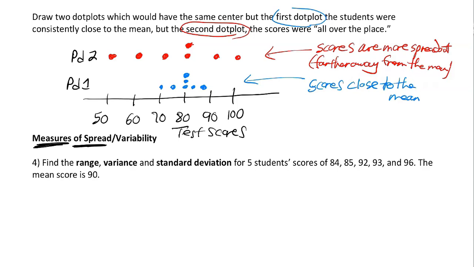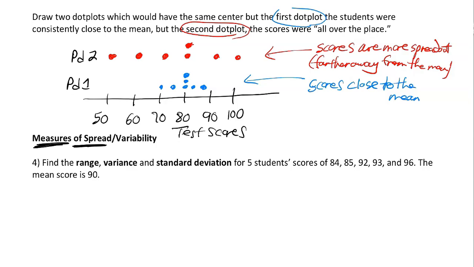But actually, in period 1, with an average of 80, a lot of people got really close to 80. Whereas in period 2, there was way more variability, even though the average is still 80. So we would like to be able to communicate that with a single number, a statistic, that tells us if a distribution is spread out or not so spread out.